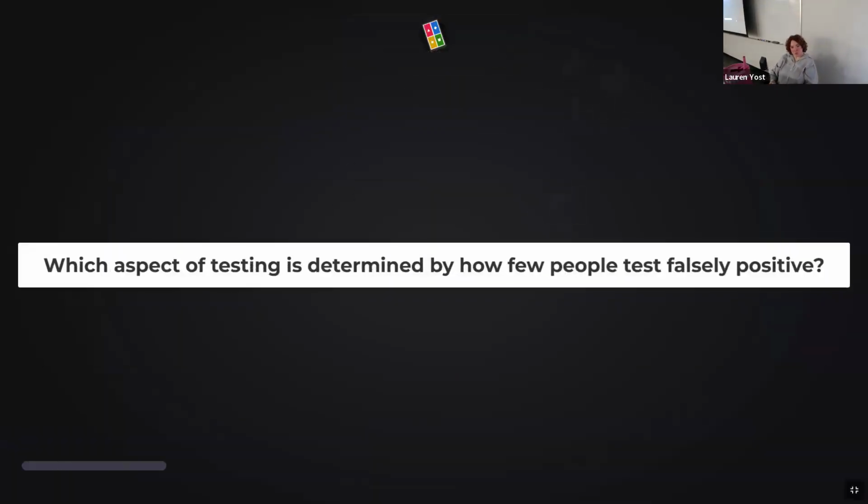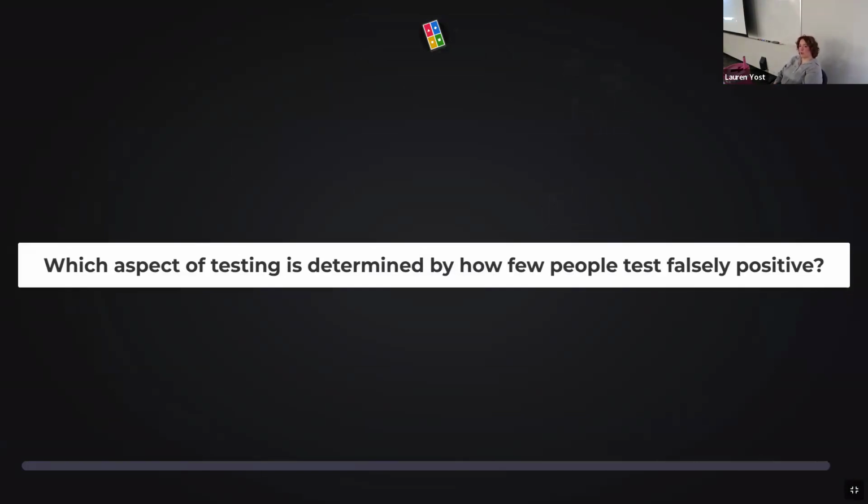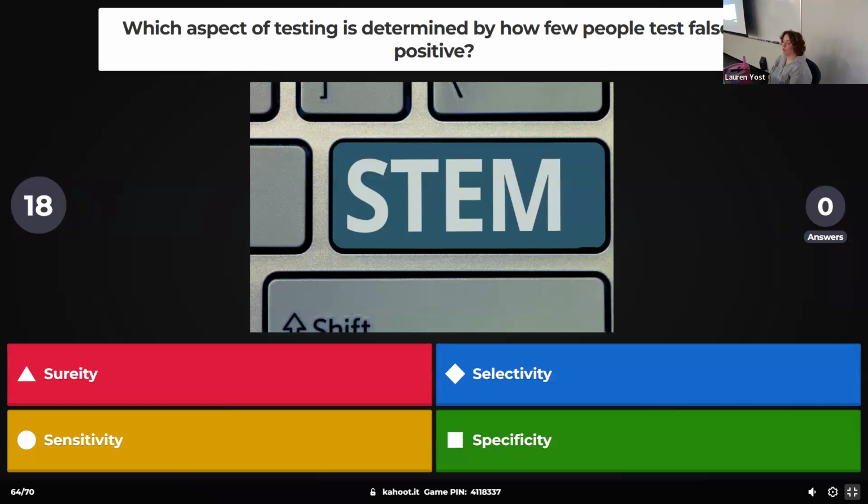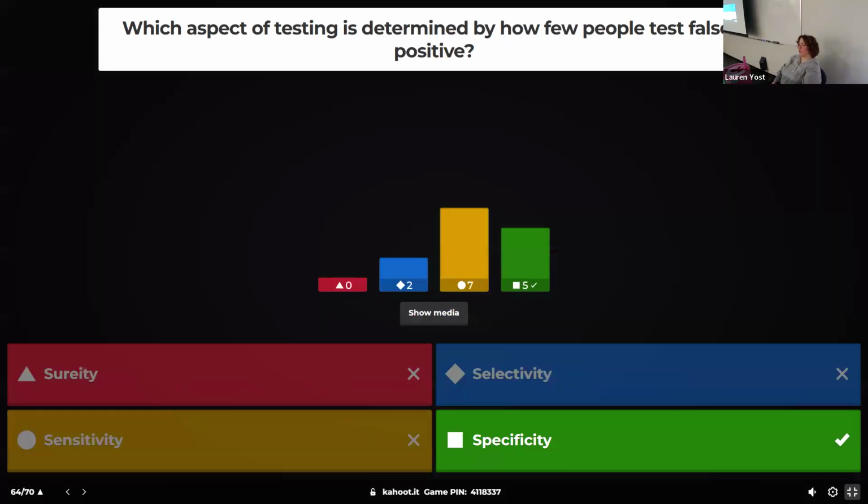Love it. Moving on. Which aspect of testing is determined by how few people test falsely positive? This will be specificity.